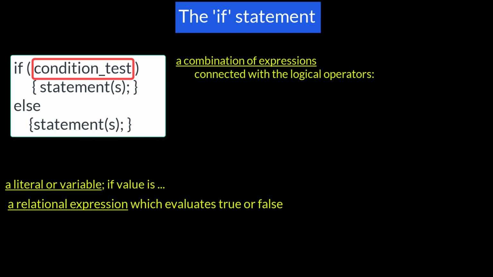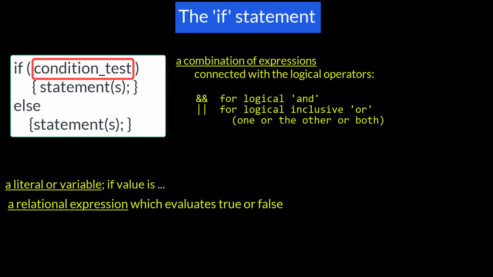Or it could be a combination of expressions connected with the logical operators: ampersand for a logical and, vertical bar for a logical inclusive or, that is, one or the other or both, and an exclamation point for a logical not.